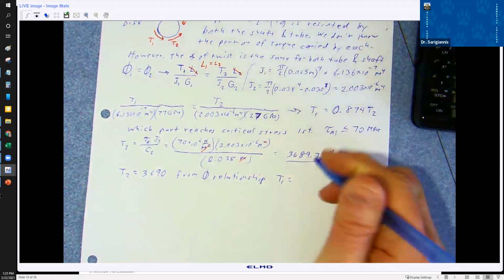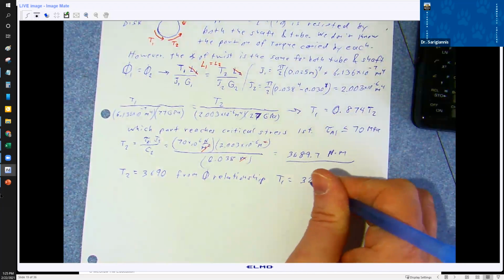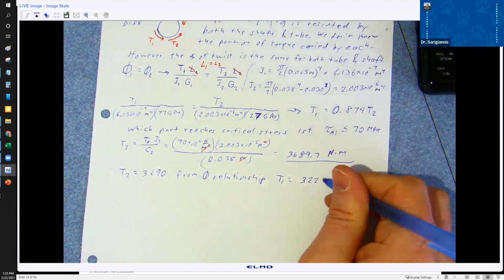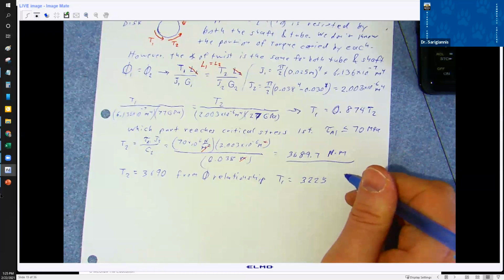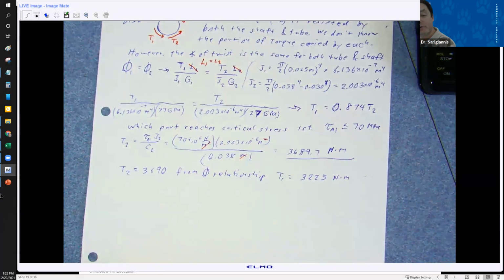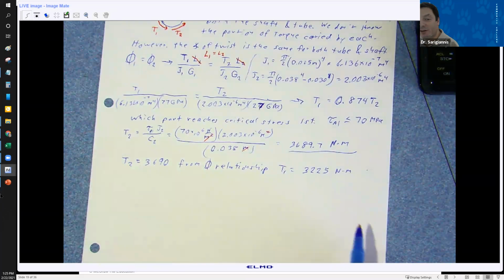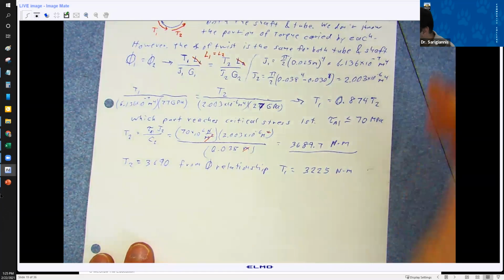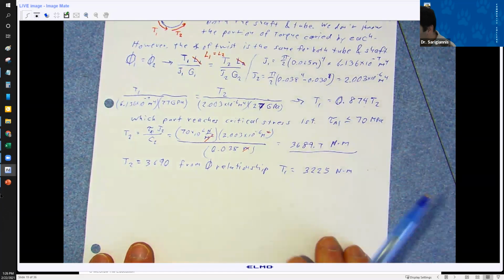I'm going to round up again to 32.25 Newton meters. This is just, I've calculated T2. I know that T1 is always 0.874 of T2, so I can get a torque for that.